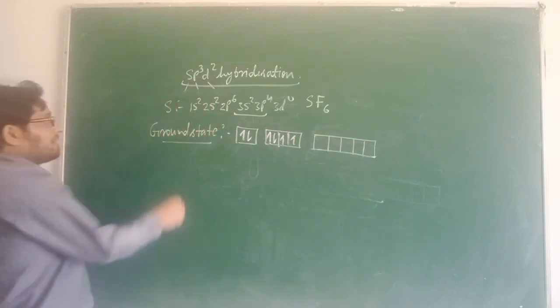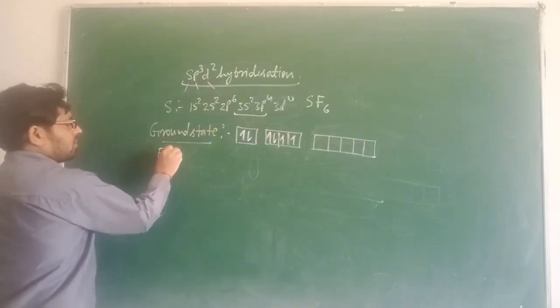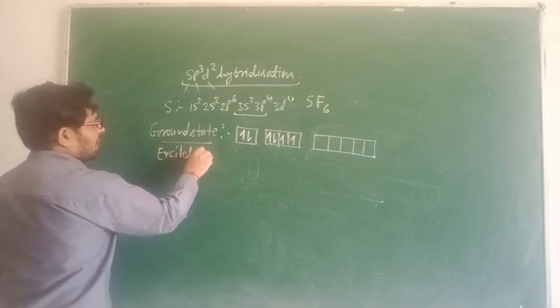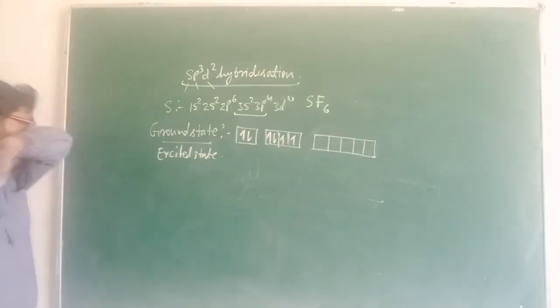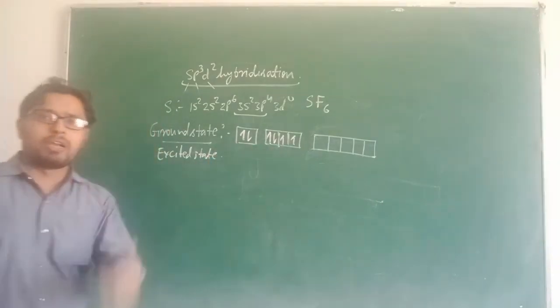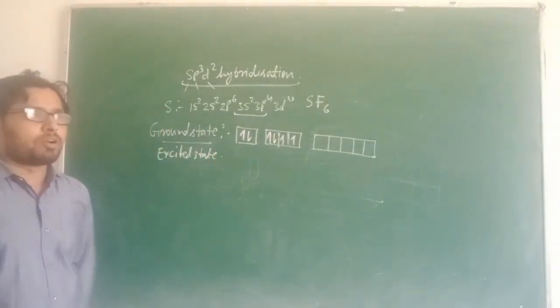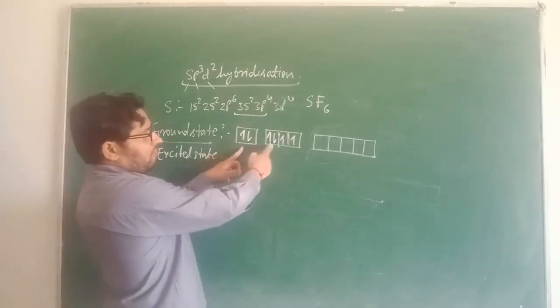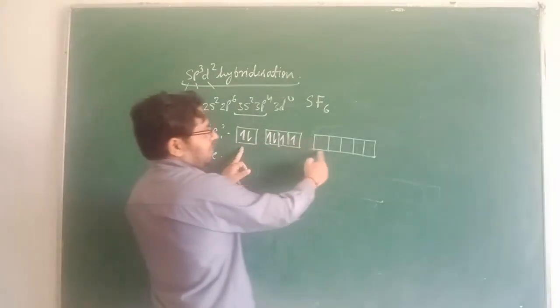Now in the excited state, what will happen? The total orbitals needed were 6. How many do we have? 1, 2, 3, 4. So 2 more orbitals are needed to make the hybrid orbitals. So 1 electron from here and 1 electron from here are excited and enter the d orbital.